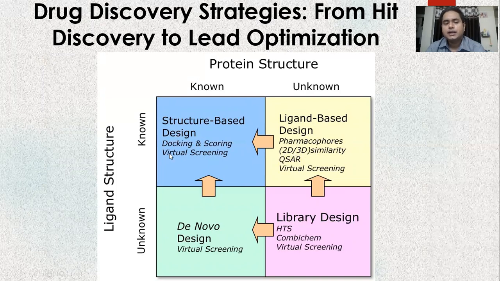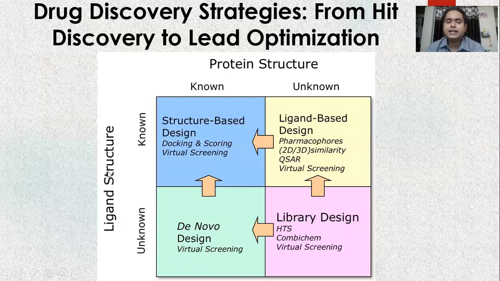Another criterion is that when the ligand structure is unknown but the protein structure is known, then you can go for de novo design. De novo design actually begins from scratch, and you can perform de novo design, or you can identify a potent drug using virtual screening.